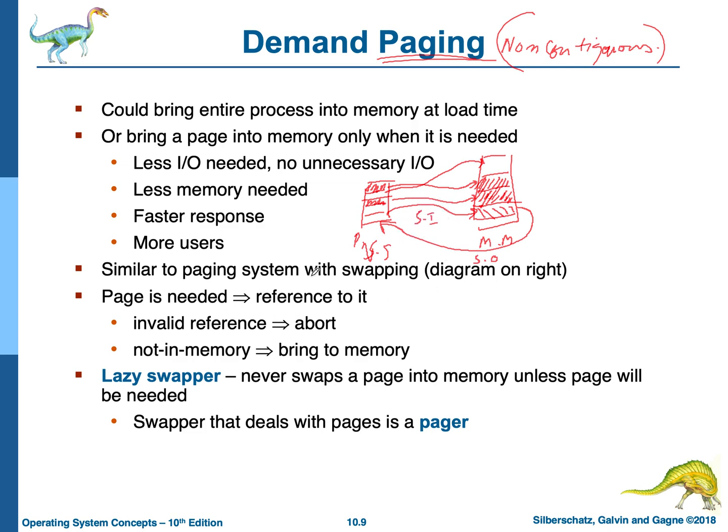Similar to the paging system, swapping is done here whenever a page is needed. If the page is found in main memory, then it is a valid page. If the page is not found in main memory, then it is an invalid reference.